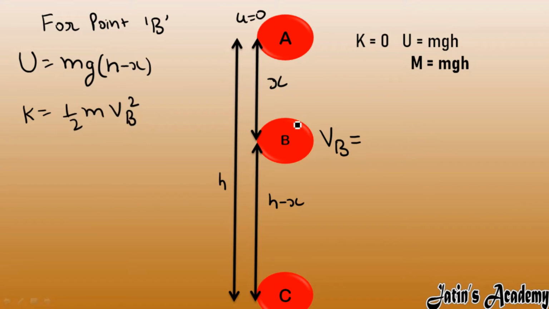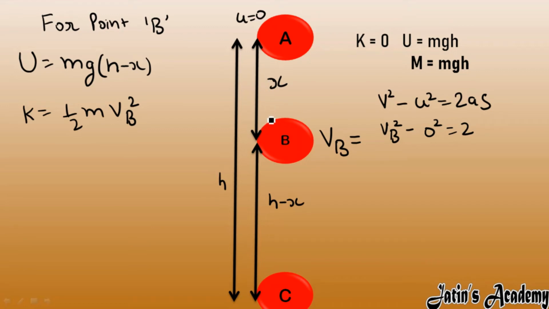So the velocity at point B we have to calculate. How will we calculate it? By using the third equation of motion, v square minus u square equals 2as. The final velocity is vB, the initial velocity is 0, and the acceleration is due to gravity, g, because it is a free fall.